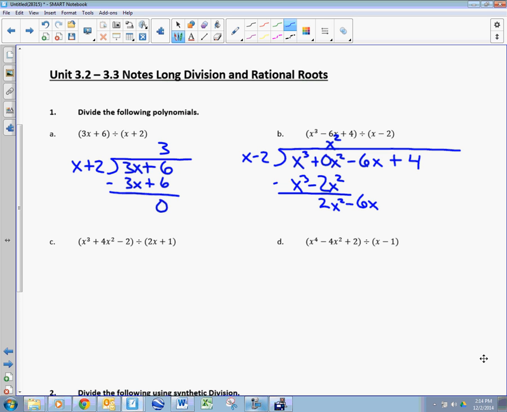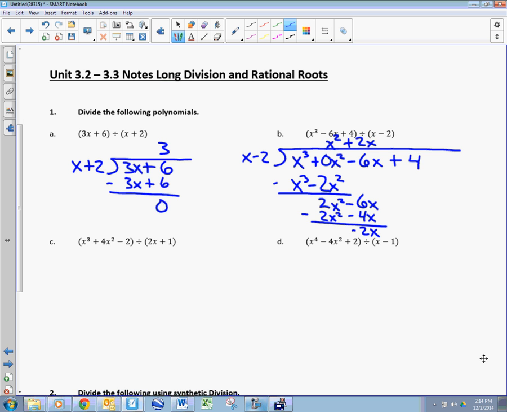What do you multiply x by to get 2x squared? 2x. And I multiply. 2x times x is 2x squared. 2x times negative 2 is negative 4x. I subtract. What is negative 6x minus negative 4x? Negative 2x.